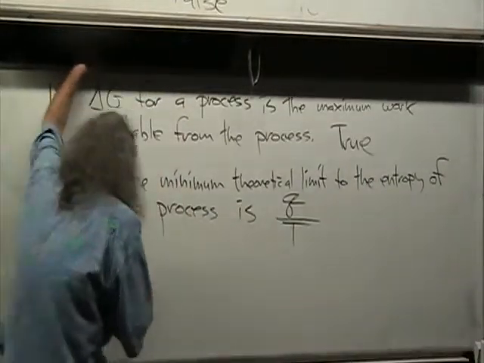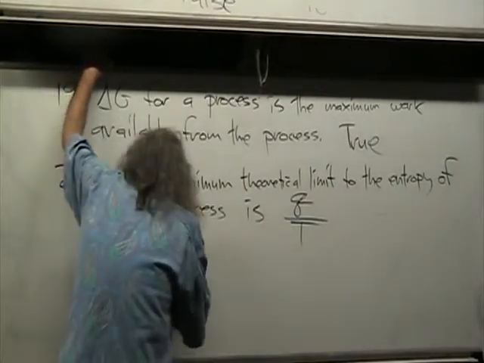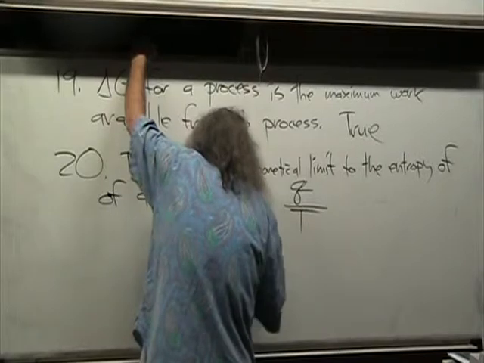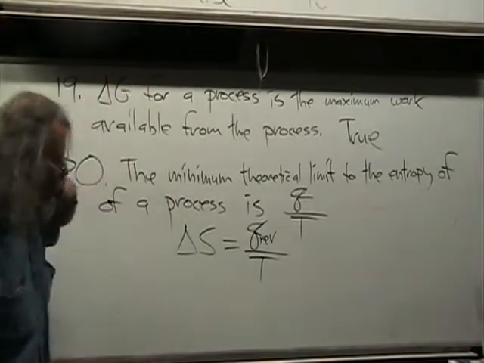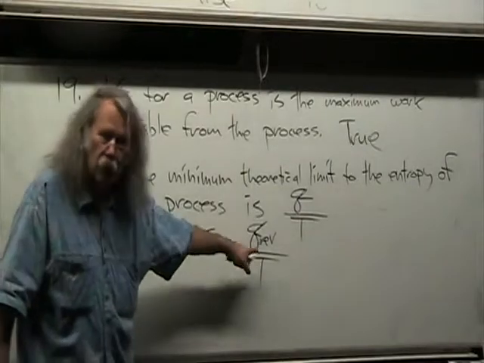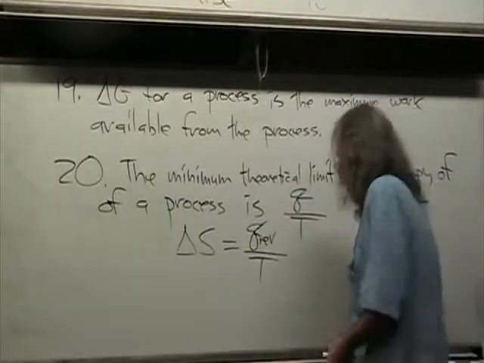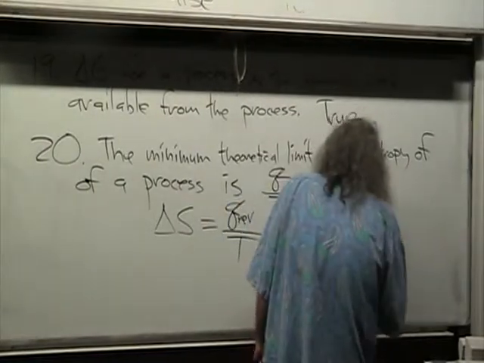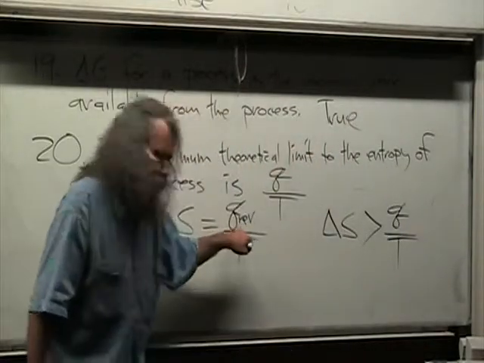What I wanted to recall, and this was from Carnot's work, is that he discovered there was this new state function called entropy, which he found was equal to Q reversible over the temperature. So the equality applies only for the reversible process, which sets a minimum theoretical limit because we can never have a truly reversible process, and led us to the inequality of Clausius, which is a statement of the second law of thermodynamics, that delta S is greater than Q over T for every process, because no process is reversible.